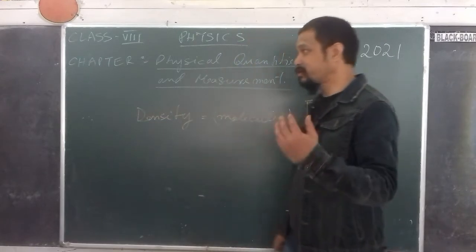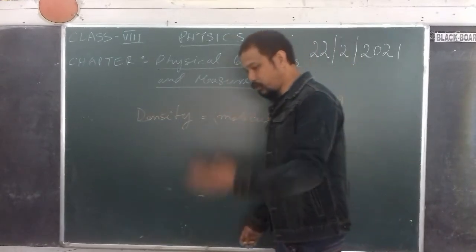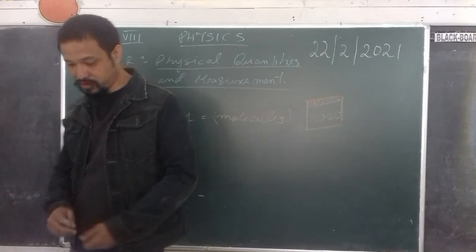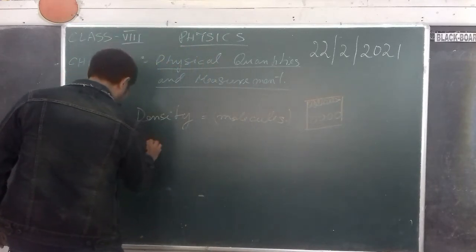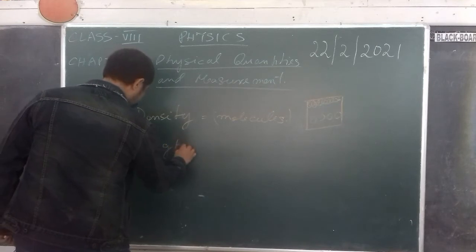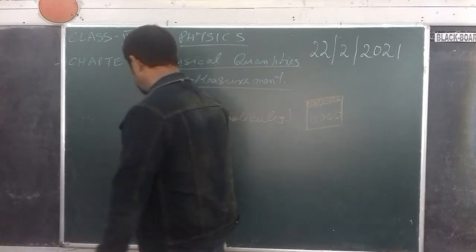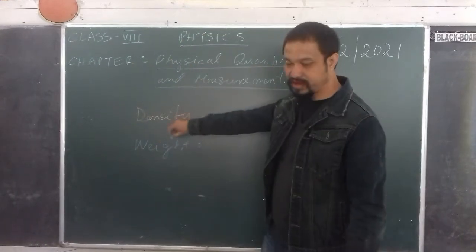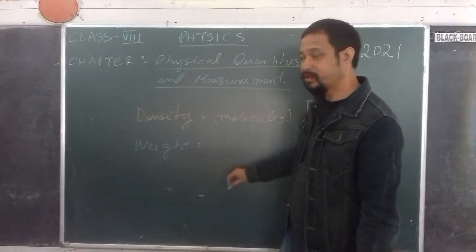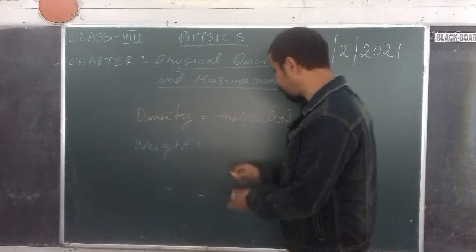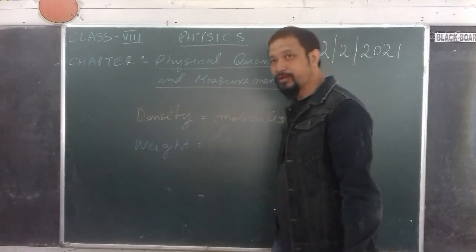Now, the moment we talk about lightness or heaviness, we are talking about weight. Now, how is weight related to density? So what is weight? Weight is again directly related to molecules.